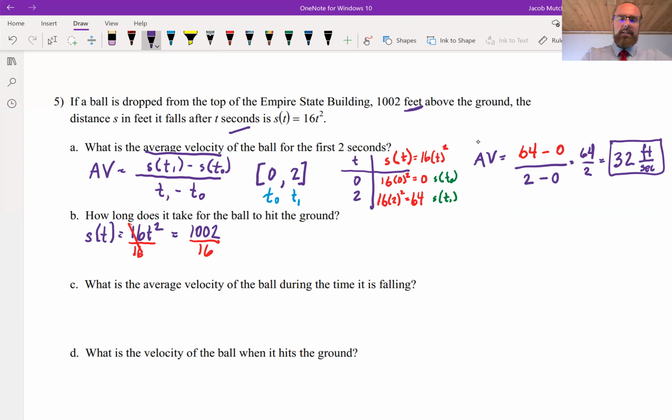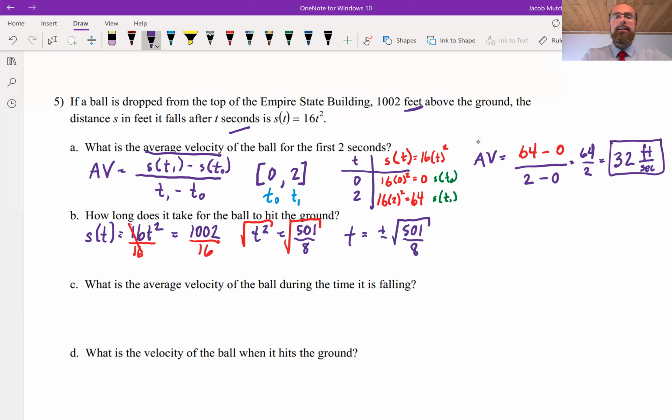And what that gives me is t squared equals 1,002 over 16, which I could reduce to 501 over 8. And then to cancel the square, because I'm really just interested in time, I'd take the square root. And what that would give me is time equals plus or minus the square root of 501 over 8.